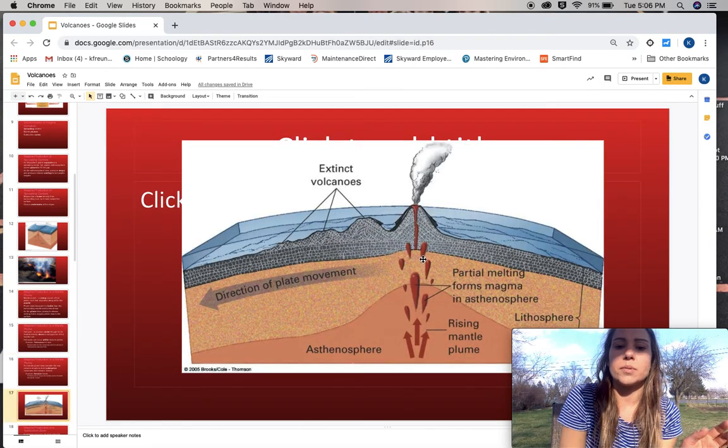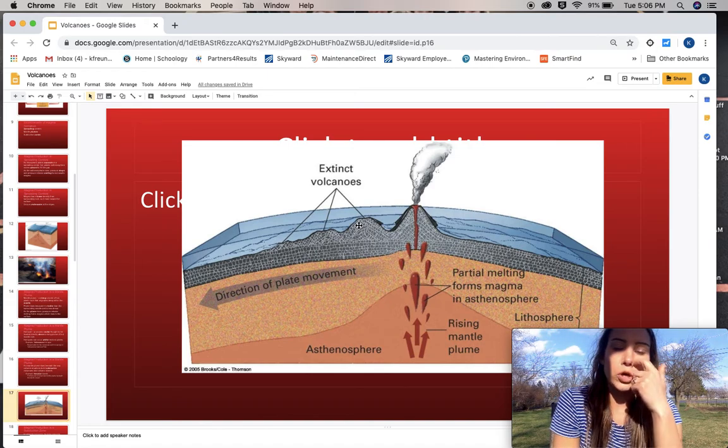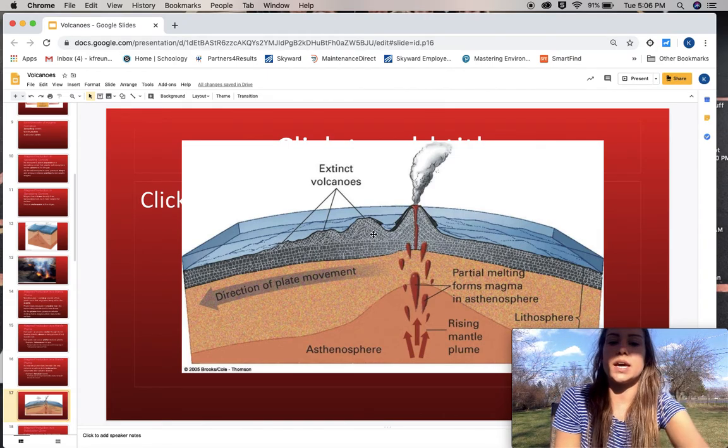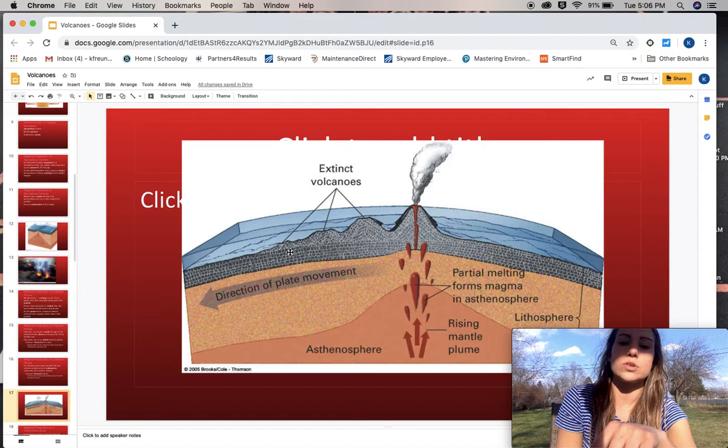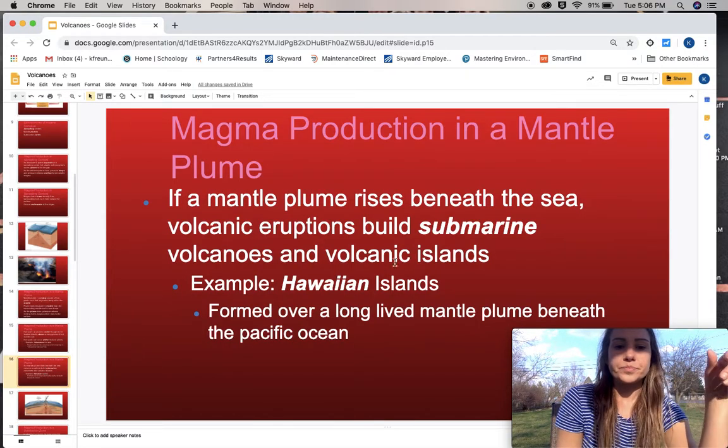So the magma is coming up, the plates are moving, and it just stays in this one spot. So these were volcanoes that were once active, but as that plate moves, the new hot spot is right here, and the next hot spot is going to be right here. And so we have this chain of islands forming, and that's how we got the Hawaiian Islands.